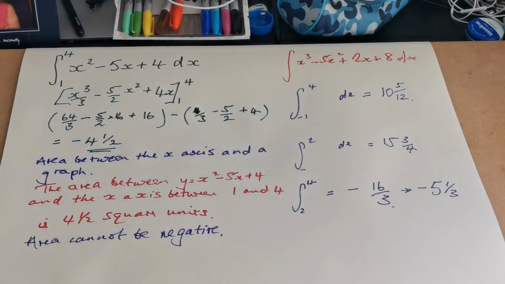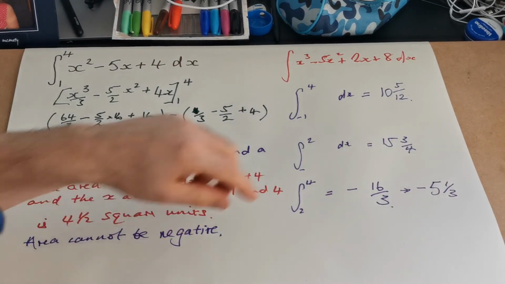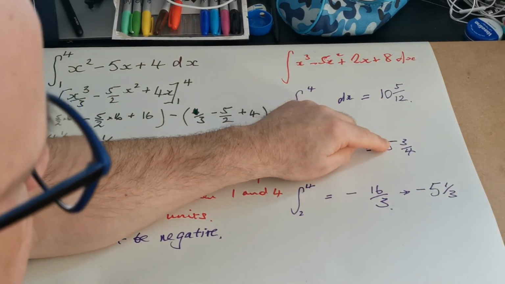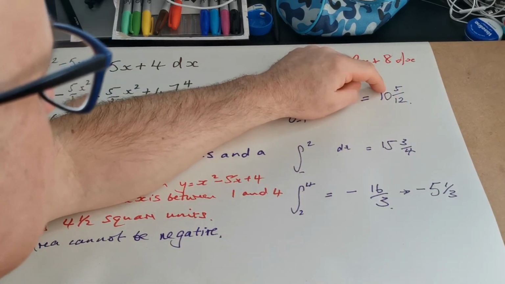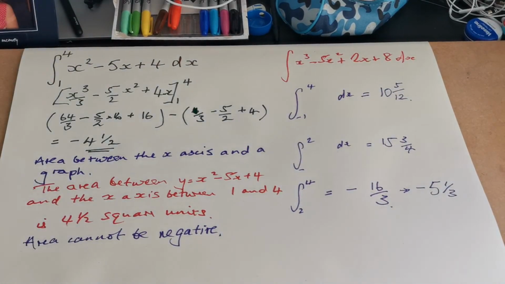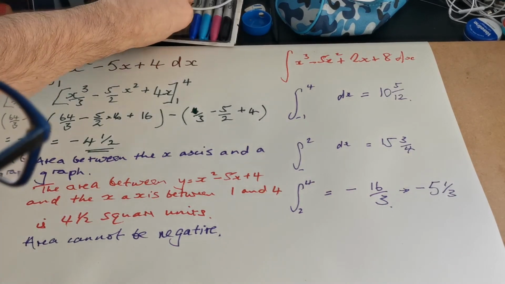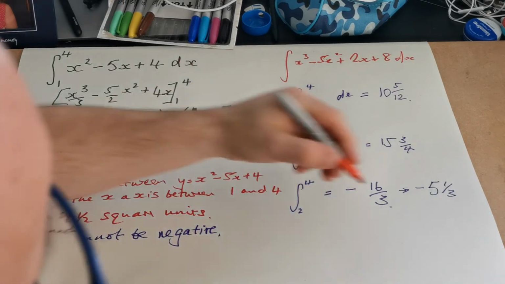So you can see what's happened is that this positive area has added to the negative area to give us 10 and 5/12. But that isn't the correct answer. Remember, area cannot be negative.